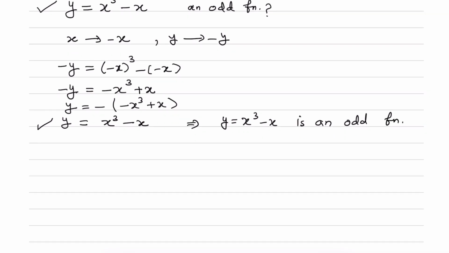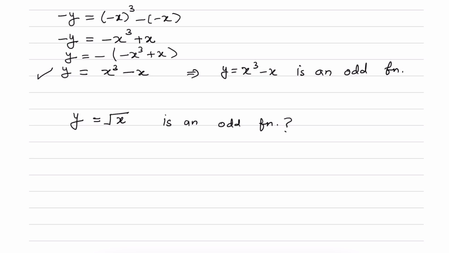Let's try one more example. Let's check if the graph for y equal to square root x is an odd function. So let's replace x by minus x and y by minus y. So when we do that here, minus y equals square root of minus x.